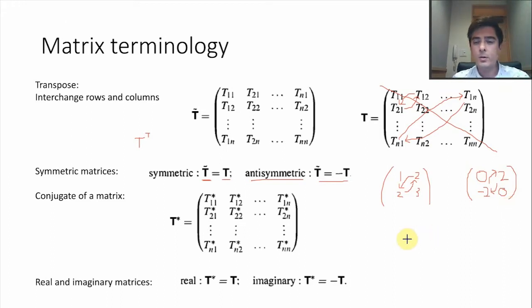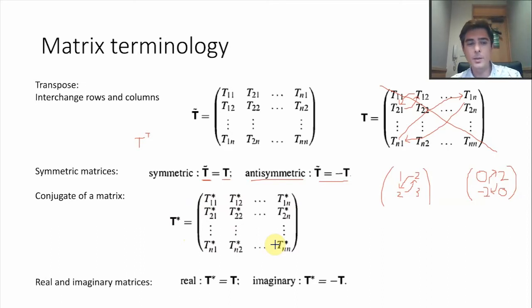Another type of definition is the conjugate of a matrix. This time they use standard notation: T star is the normal notation for it. In this case, the conjugate of a matrix, as it suggests, means you take the complex conjugate of every single element in the matrix.